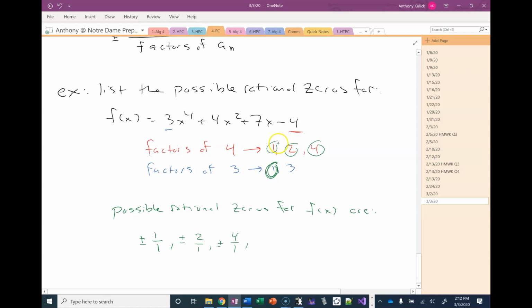And then I'll do the same thing. I'm going to take 1 over 3, and then 2 over 3, and then 4 over 3. Everybody okay with that idea?